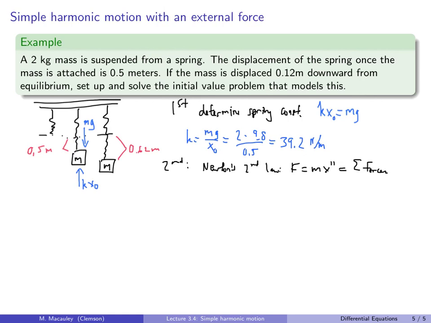So how do I want to write this down? So m x double prime. That's the total force acting on the weight. Let me write that down. Total force. That equals, in general, negative mu x prime.